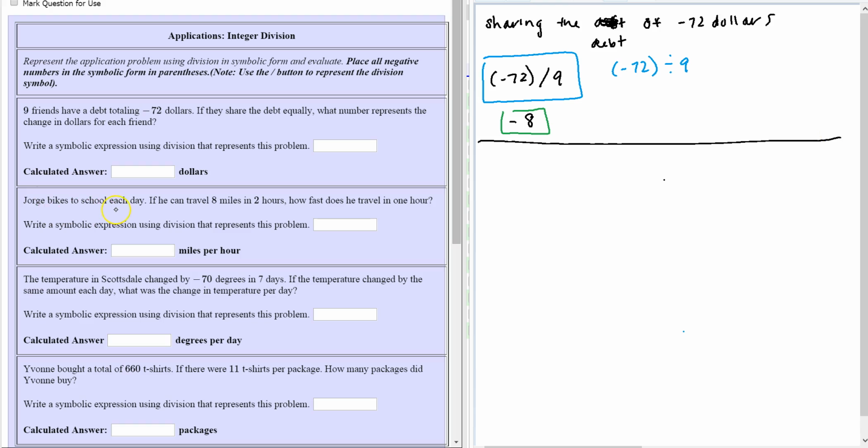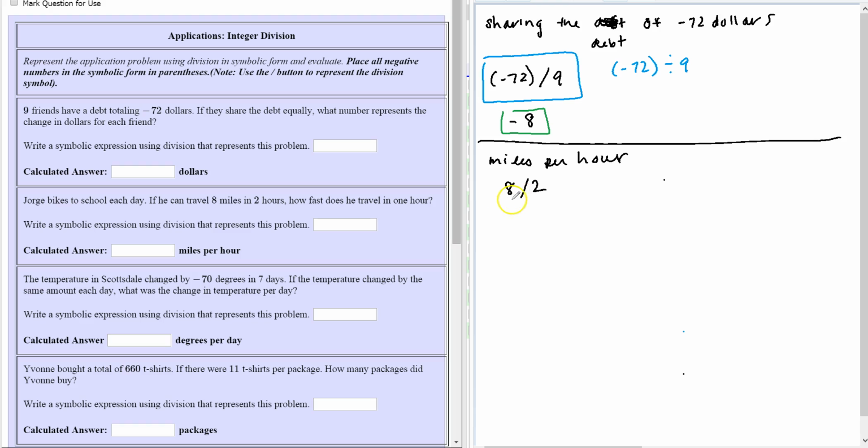Jorge bikes to school each day. If he can travel 8 miles in 2 hours, how fast does he travel in 1 hour? So we're trying to find his miles per hour. We can look at his 8 miles, and we want to divide that into 2 equal pieces, and that will tell us how many miles he travels in 1 hour.